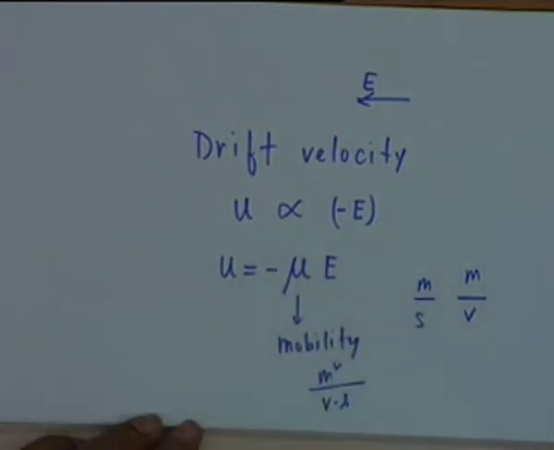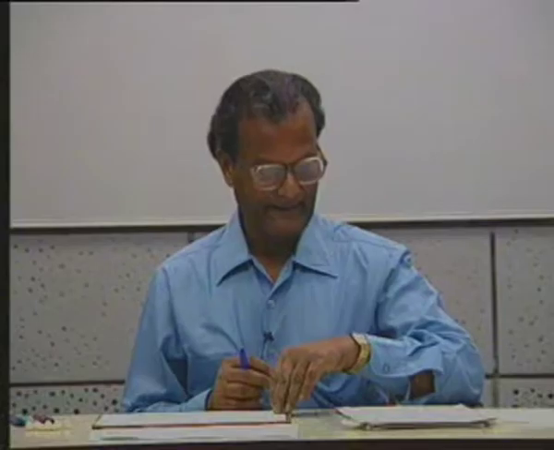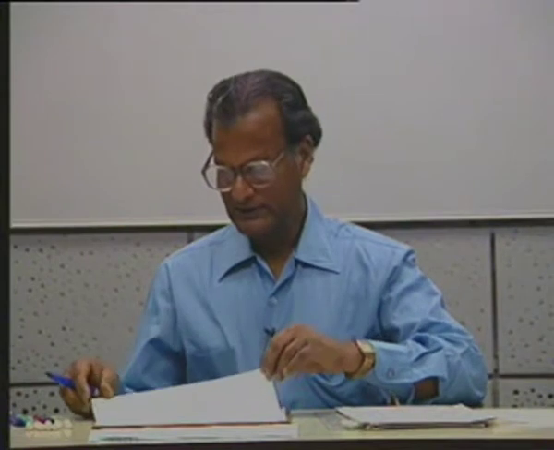This is an extremely important term. Physically, it is defined as the drift velocity of a charge carrier under the influence of a unit electric field. Unit electric field means 1 volt per meter. All right.